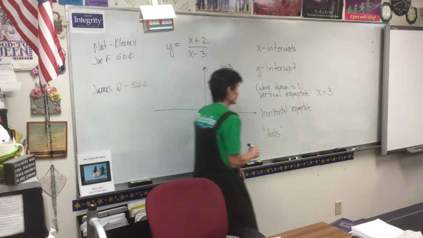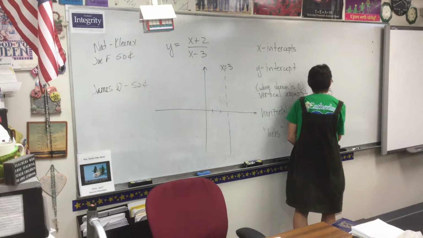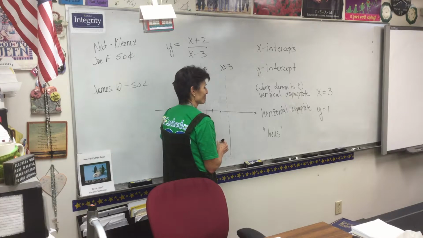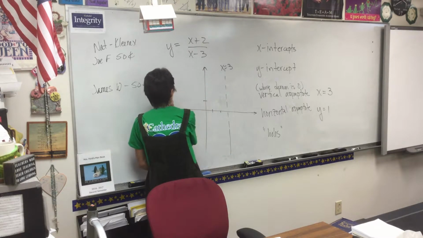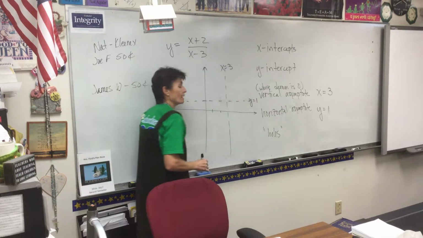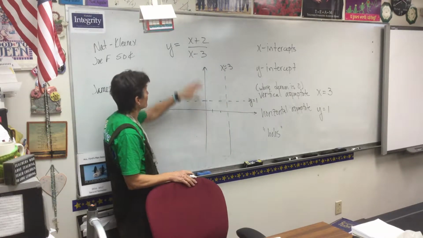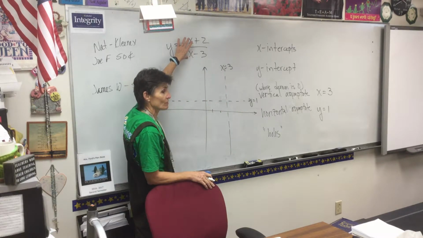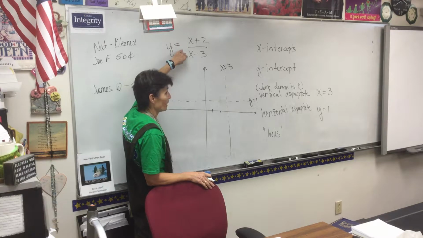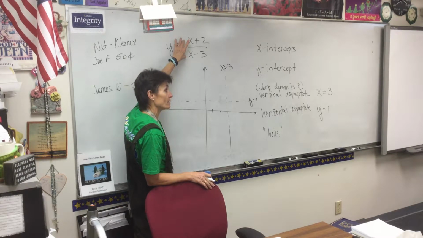The horizontal asymptote is y equals 1. And I know the horizontal asymptote is y equals 1. That's the thing where you put the x over the x, remember? Let's review those rules. Since it's 1x over 1x, it's just 1.